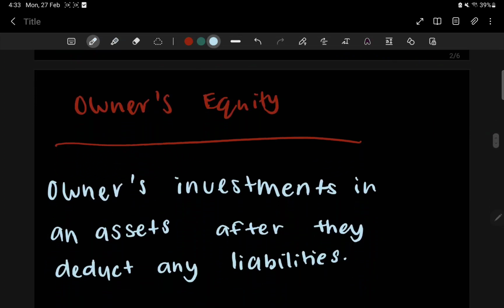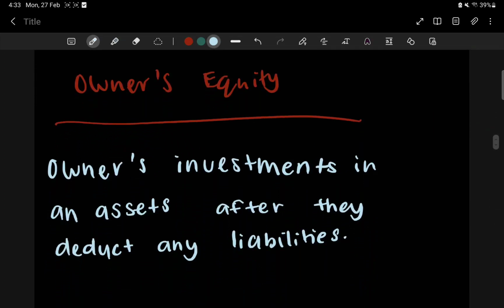Now, let's talk about the owner's equity. Before talking about the example, we need to understand what is owner's equity's definition. Easy to understand, the owner's investment in an asset after they deduct any liabilities would have the meaning of owner's equity.